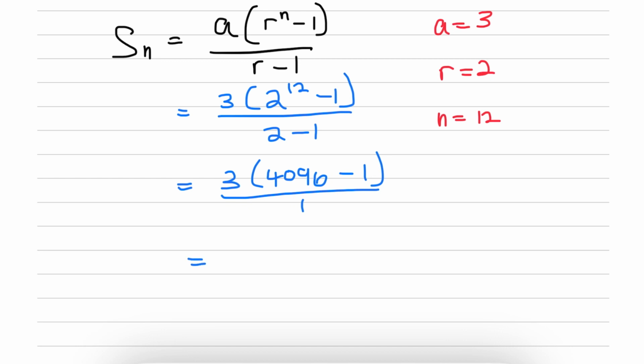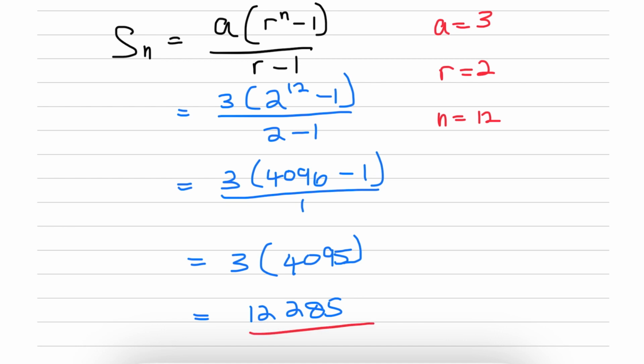So let's first just subtract 1 from that 4,096. So it gives us 4,095. Now multiply this by 3 and you'll get 12,285. Okay, that is your final answer.